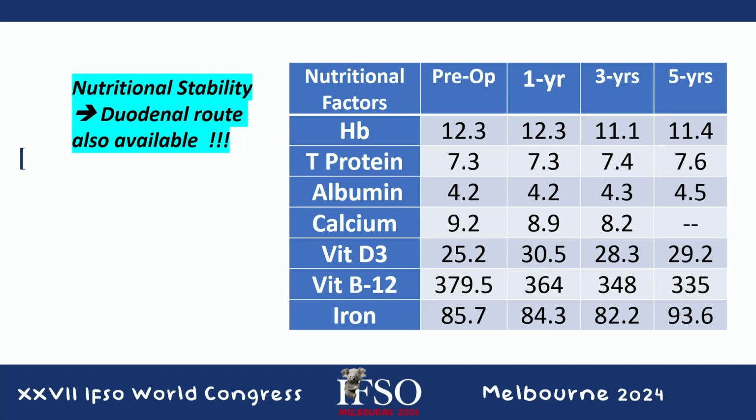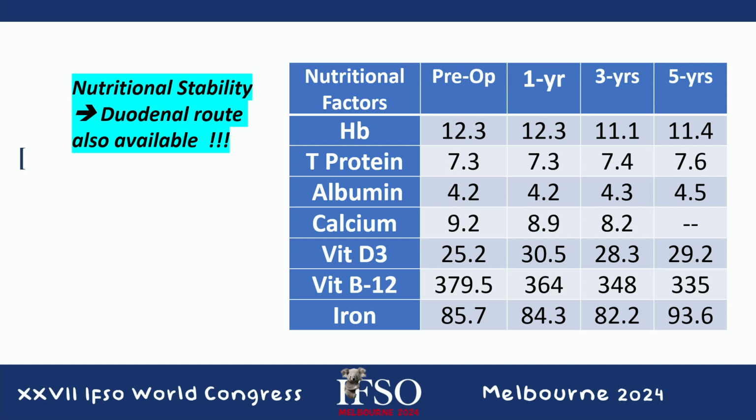There was a nutritional stability, knowing that the duodenal route is also available. It is a fact that in the first few months, probably when radiological studies are done, maybe 80% goes to the anastomosis, but usually after 3 months, we have seen that most of the food will go through the anastomosis, a little bit depending on the volume of the food.